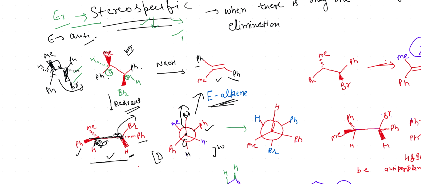You have to draw the structure in which both hydrogen and bromine are anti-periplanar to each other. When you draw the sawhorse structure, then convert that structure into the Newman projection. Then after the elimination of the leaving group and hydrogen, just draw the stereochemistry of the product, that is E alkene in this case.